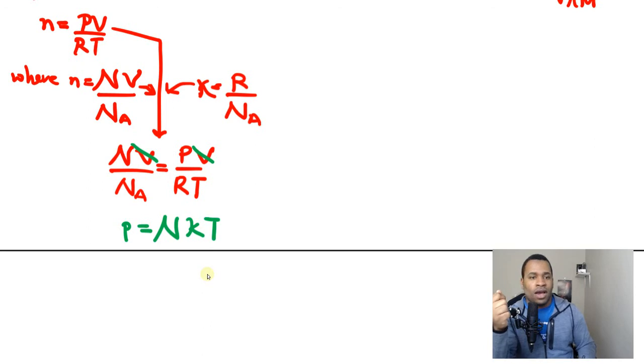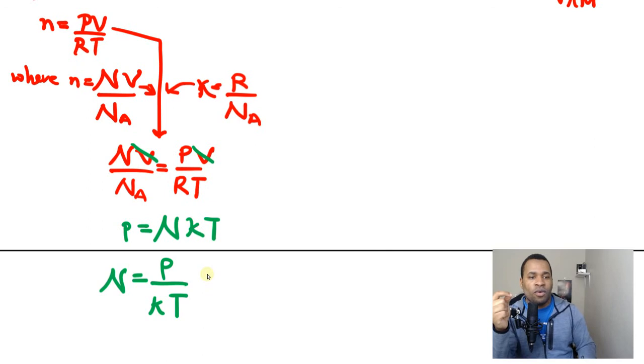So therefore, our expression now for N, which is the number density, is now in terms of the pressure over our particular k, which is the Boltzmann constant, multiplied by temperature.